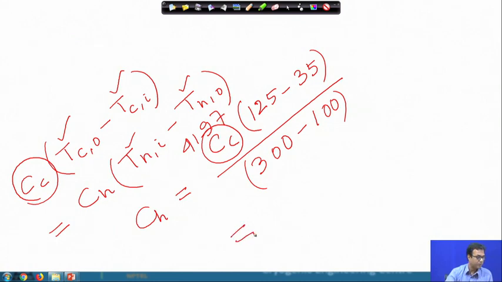So, this will come out to be 1889 watt per Kelvin. So, now we have an idea about C_h.